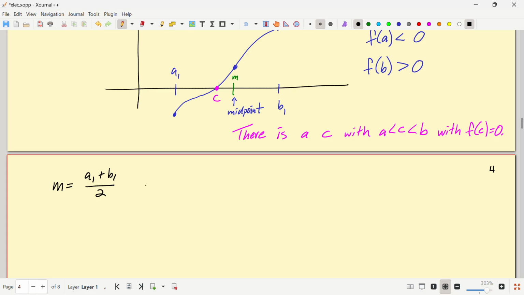And if f of the midpoint is positive, then I'm going to have a new interval. A2 is going to be A1, and B2 is going to be equal to the midpoint. That's a new interval.